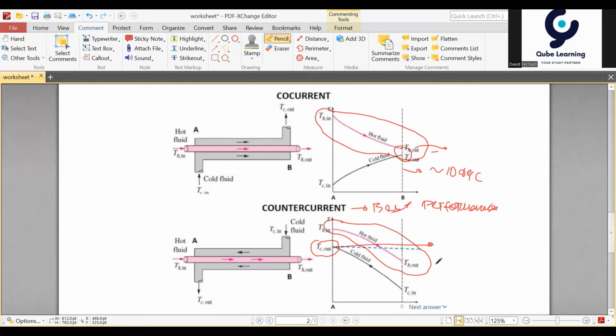So I think this is the best performance for your exchanger.